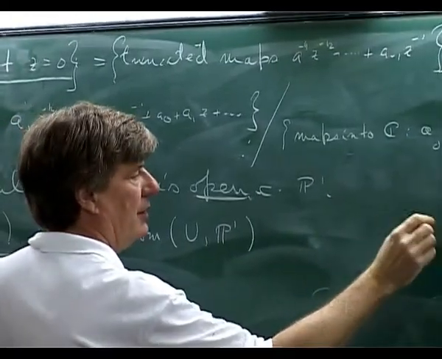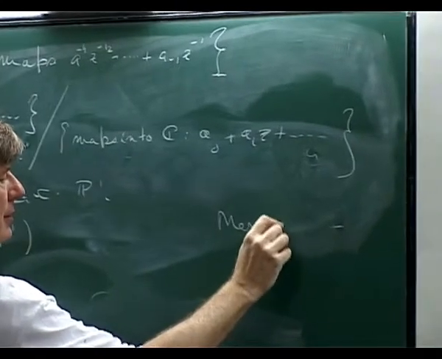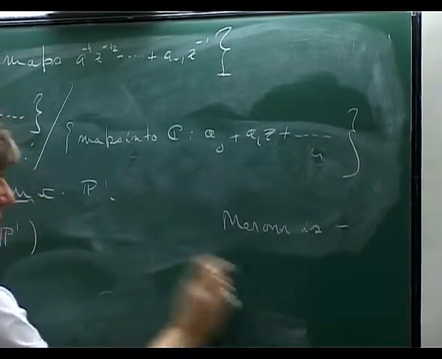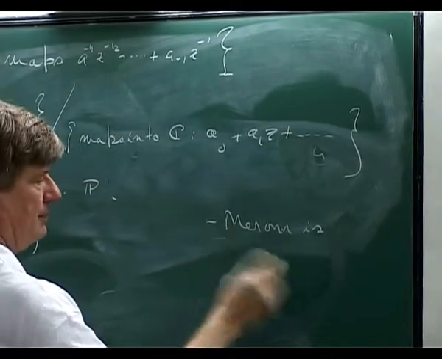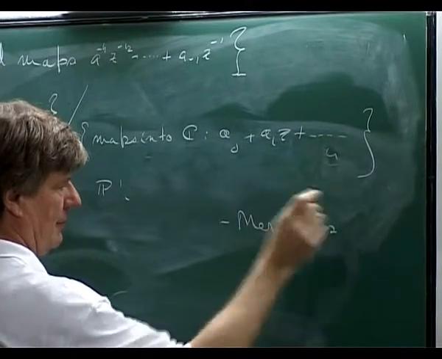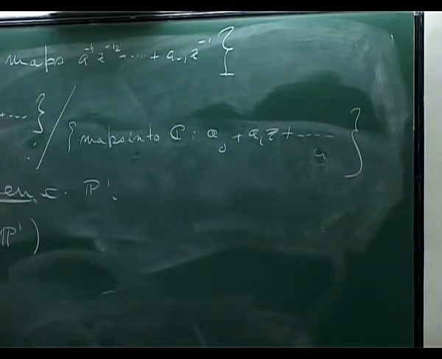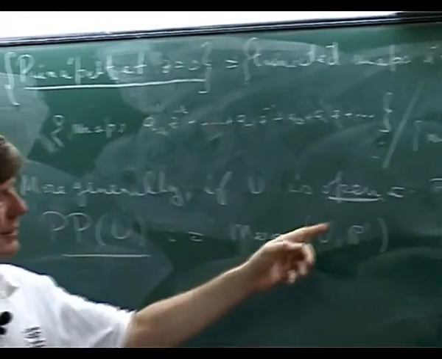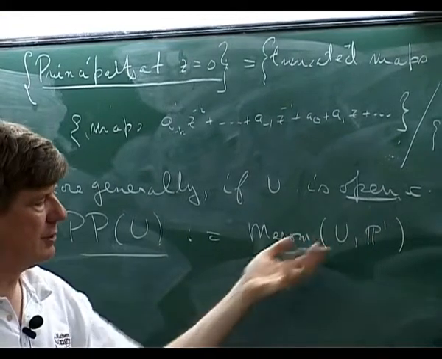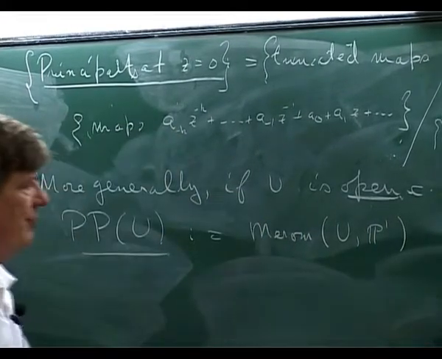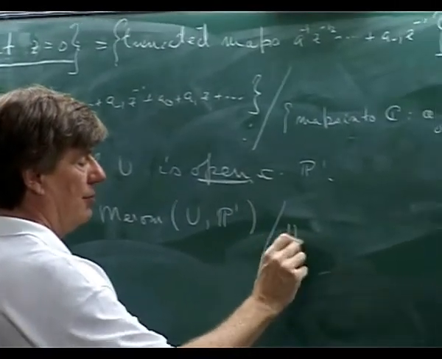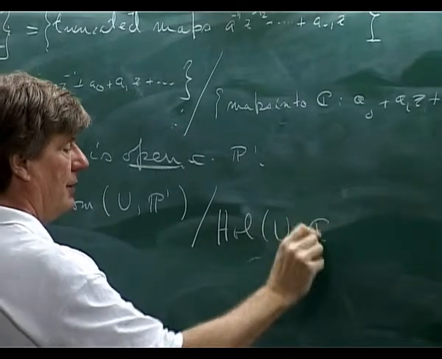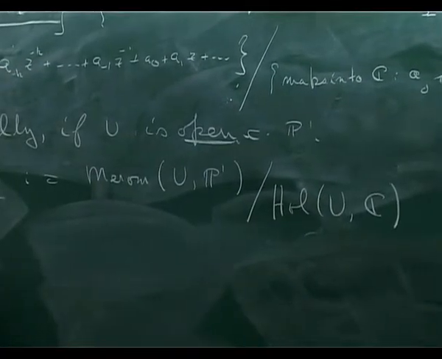Here I just mean that it has poles of finite order, and the image is not uniformly in infinity. So there's a certain number of poles, a discrete set, and those poles are of finite order. And I define the meromorphic maps modulo the holomorphic maps from U, and this is the quotient sheaf.